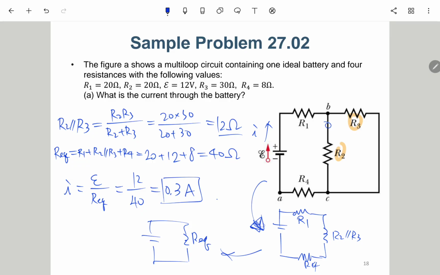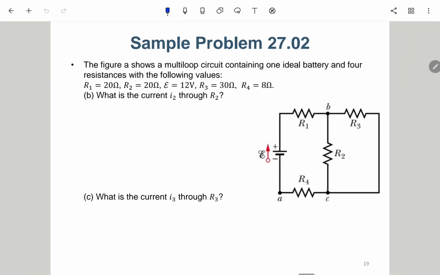These two we still need to compute later on. For question B, what is the current I2 here? And for C, what is the current I3 here? First of all, we would like to find VBC, from here to here.